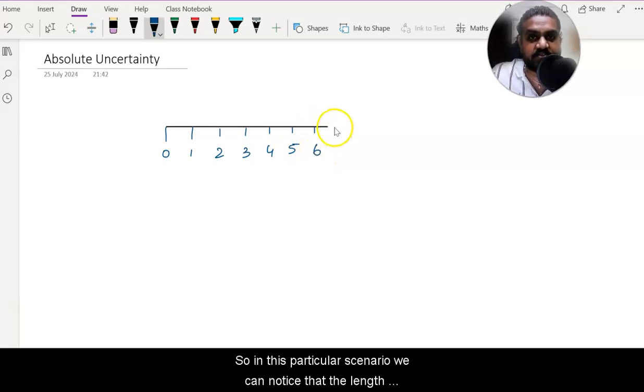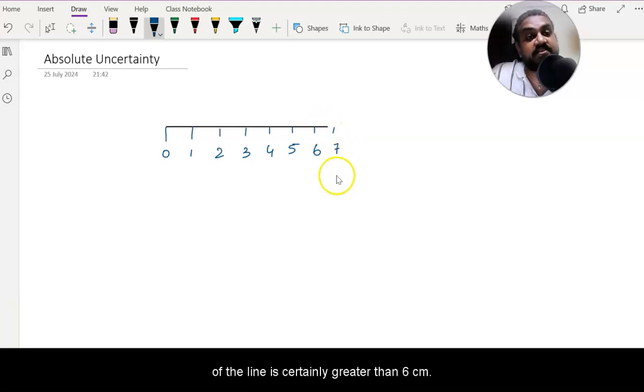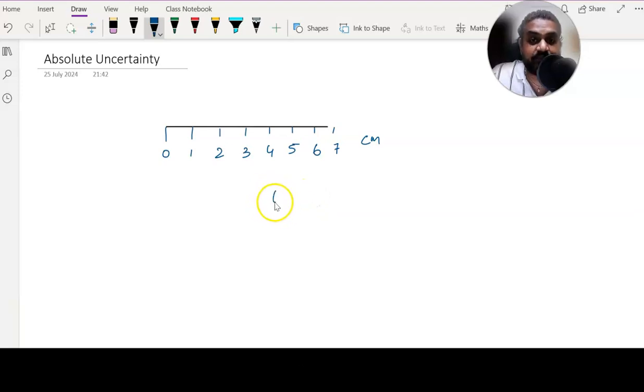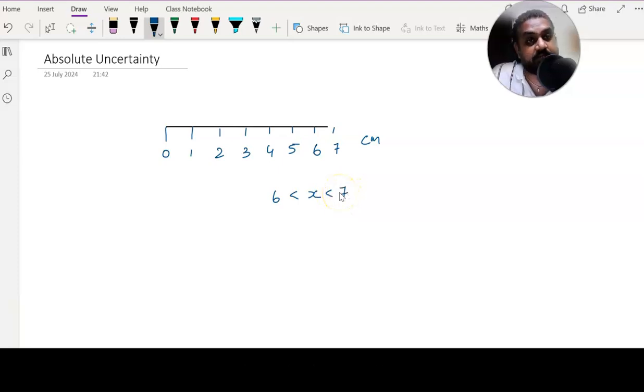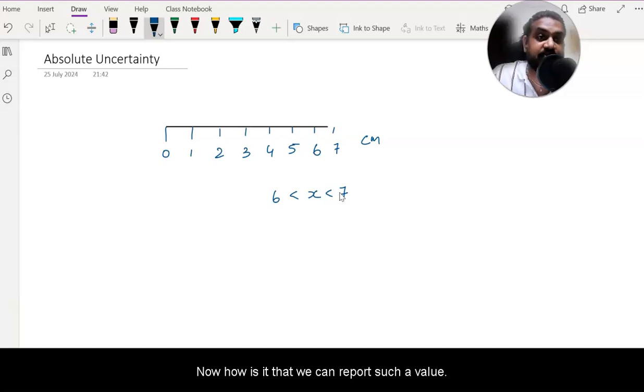So in this particular scenario, we can notice that the length of the line is certainly greater than 6 centimeters but less than 7 centimeters, which means 6 is less than x, which is the length of the line, and this length is further less than 7 centimeters. Now, how is it that we can report such a value?